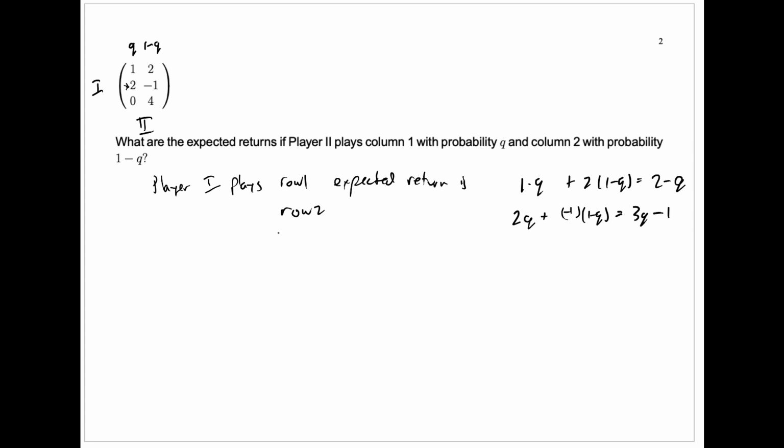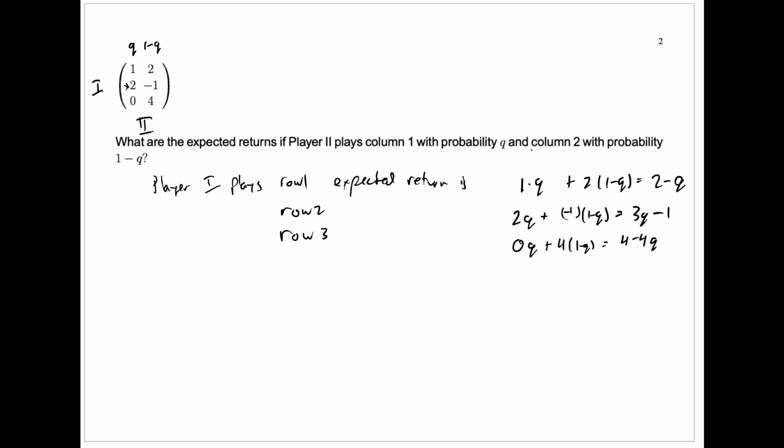And of course, what happens if player 1 plays row 3? The expected return would be 0 times Q plus 4 times 1 minus Q, which is just 4 minus 4Q. So that means, depending on the choice for player 1, the expected return will be one of these three things: 2 minus Q, 3Q minus 1, or 4 minus 4Q.